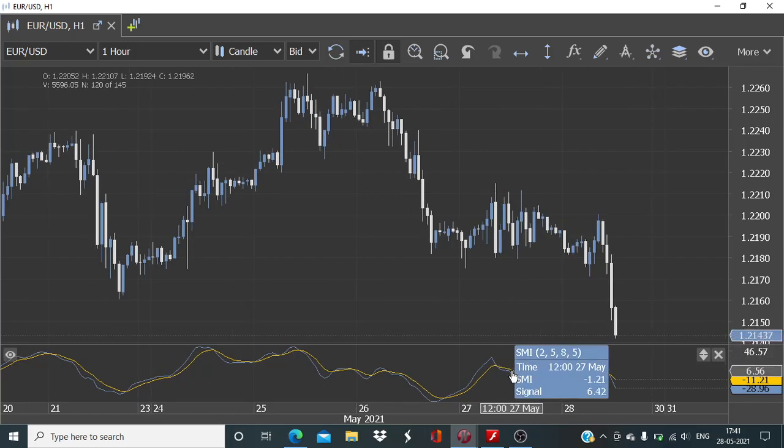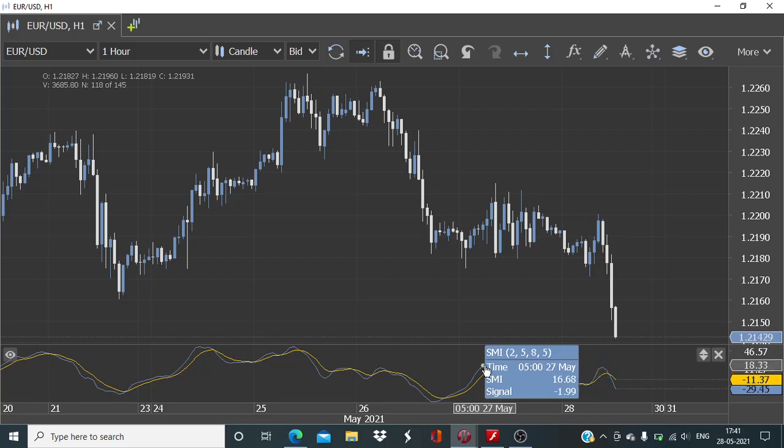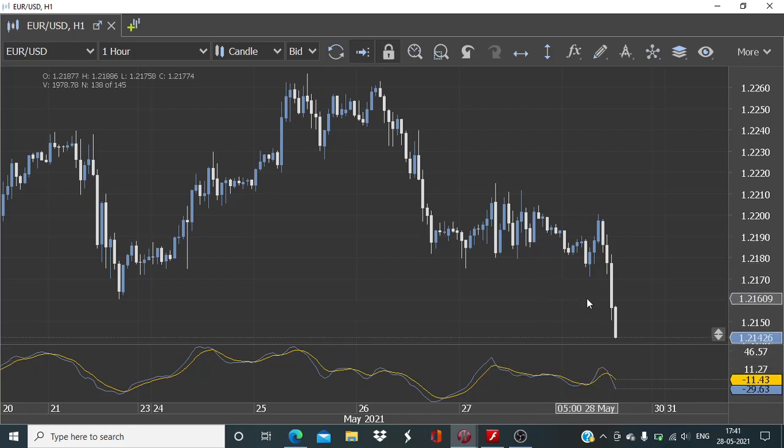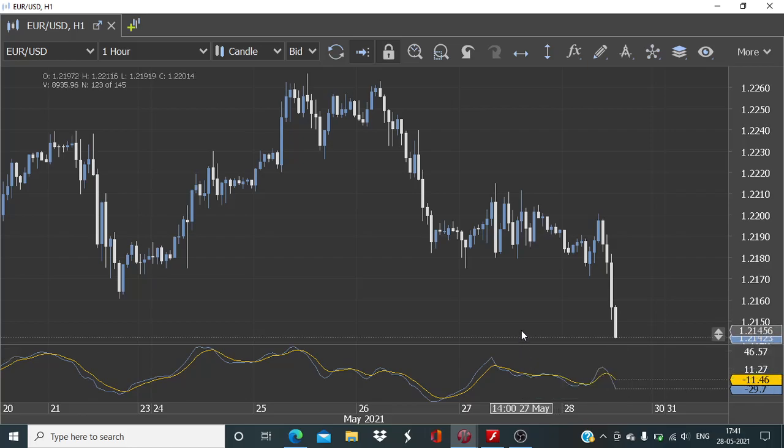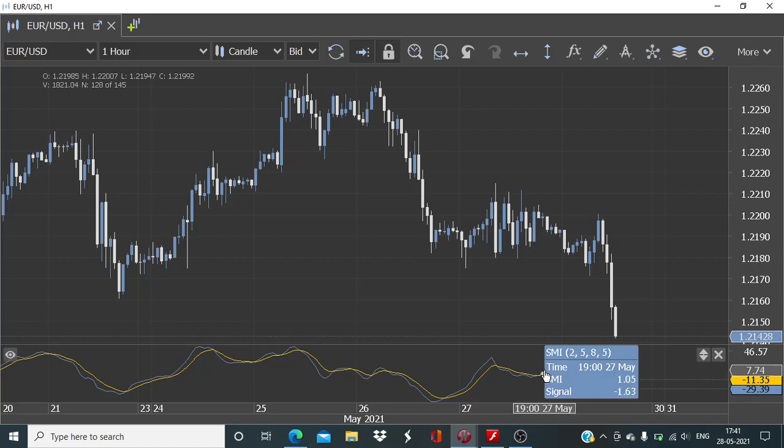What we will do is we will be taking the output band of in between 0 to 20, and also we will be utilizing these two components, SMI and the signal, and whenever we see the crossover, we will be using a crossover structure. Whenever we have the crossover, that will be used as an initiation point for a new trade. So when we have the SMI and the signal value above 0 but below 20, and as and when crossover happens and we get the SMI value above 20, we will be looking to initiate the buy trade.